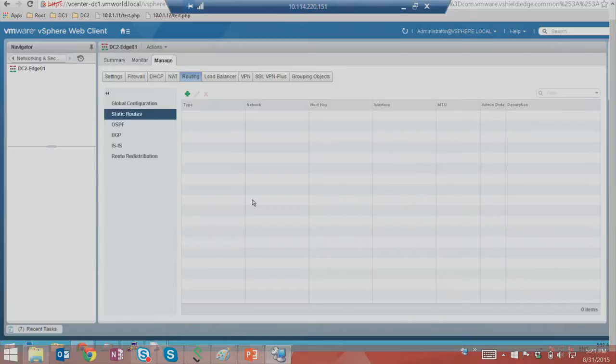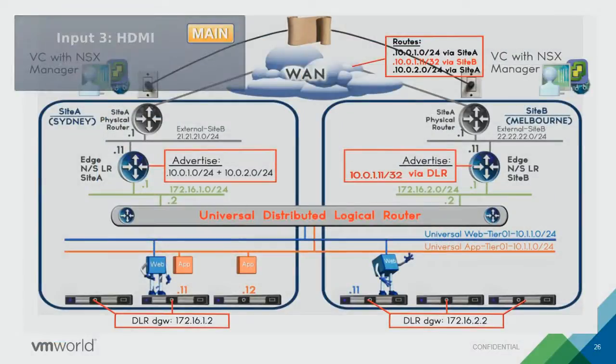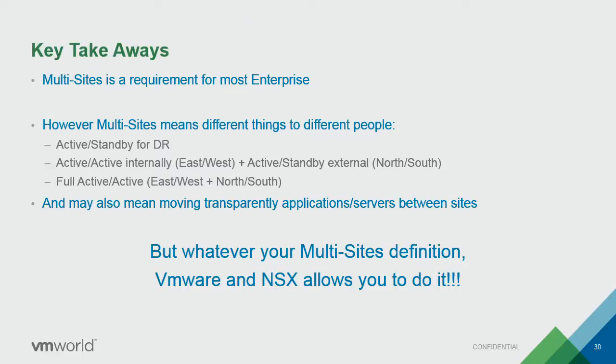Okay. So we're running late as always. Just before you go, the key takeaways: what have we talked about? We talked about the fact that lots of enterprises have multiple sites. What does that mean? It means different things for different people.